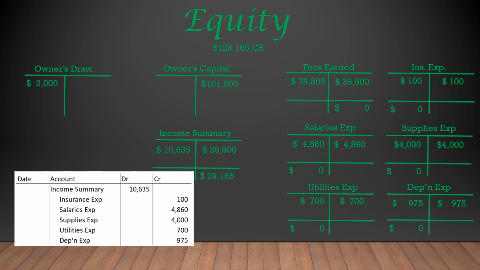You may recognize this number as our net income. Remember that net income is calculated on the income statement as the difference between revenues and expenses. After that last entry, such is our balance in the income summary account. It's the difference between our revenues and all of our expenses.